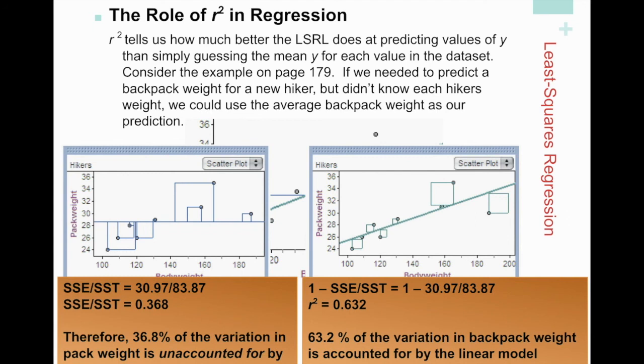So 63.2% of the variation in backpack weight is accounted for by the linear model relating backpack weight to body weight. Another way of saying this is that 63.2% of the variation in backpack weight is accounted for by the LSRL model relating backpack weight to body weight.